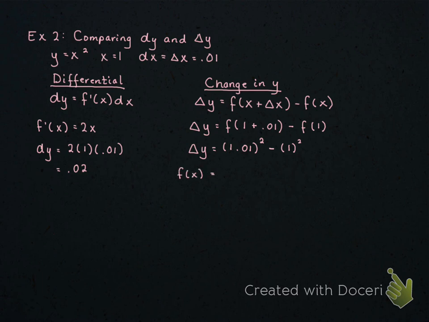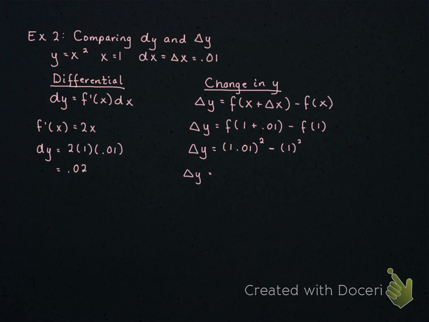So here's what we got. F of x is equal to x squared. We evaluated f of 1.01, which is where we got 1.01 squared. Then we evaluated f of 1, which is where we got 1 squared. Okay, so delta y is equal to 1.01 quantity squared minus 1.